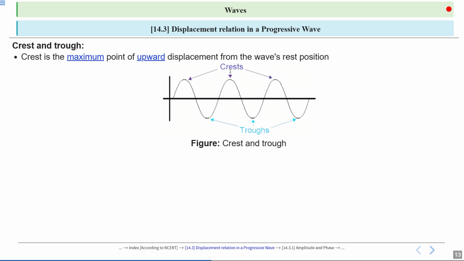Imagine a water wave. The crest is the very top of the wave as it rises up. Clear? So the crest stands out as the maximum upward displacement. This is where the energy of the wave is at its peak in the upward direction.